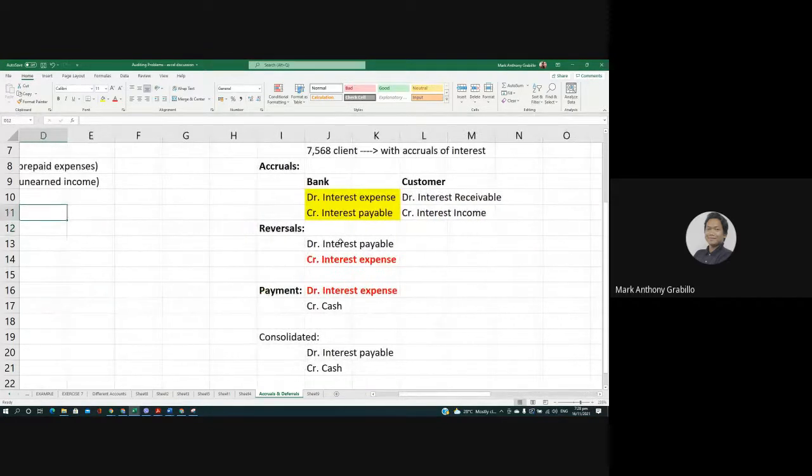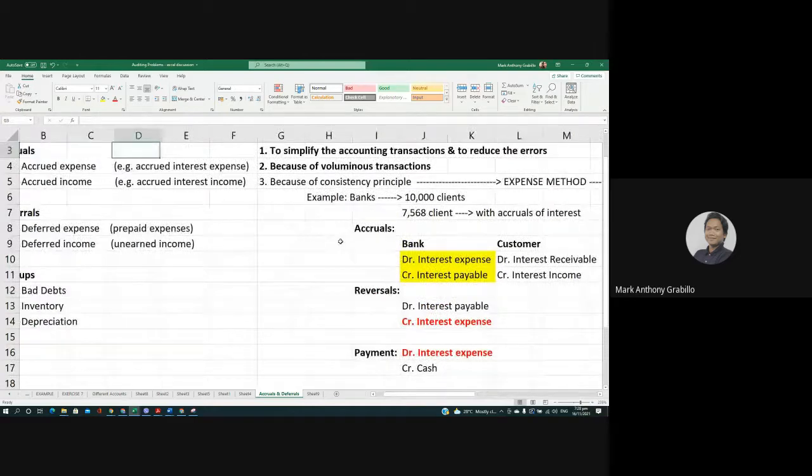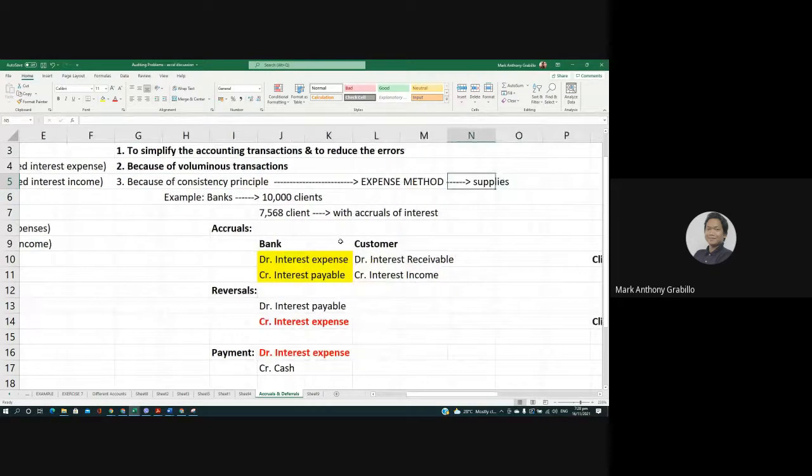And then, the last one is because of the consistency principle. So, how does the consistency principle work? Let's say he uses the expense method whenever he buys prepaid expenses. So, every time he buys office supplies or pays an insurance premium, he uses the expense method.